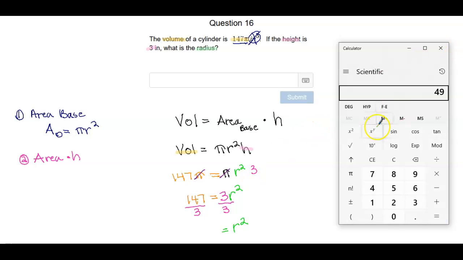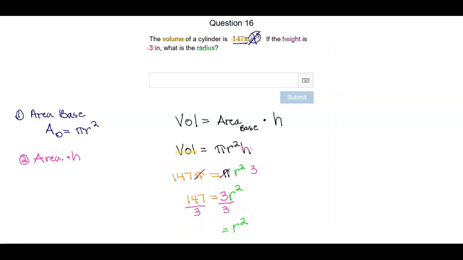Okay, so we know that r squared is equal to 49. Now the last thing, kind of like what we did with the Pythagorean theorem, I don't want r squared, I want r. So I have to undo squaring r, and the way that we undo squaring something is by taking the square root, and whatever we do to one side we have to do to the other.